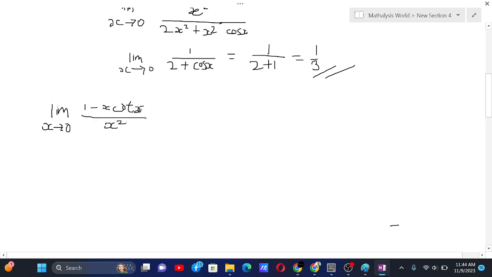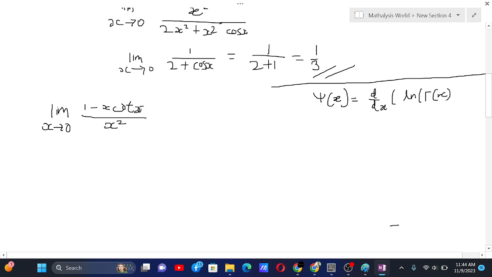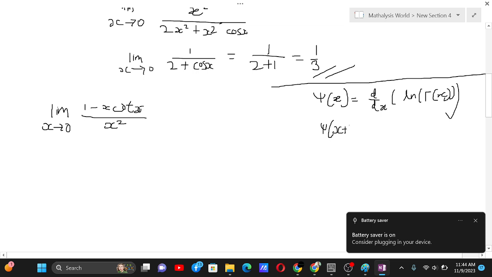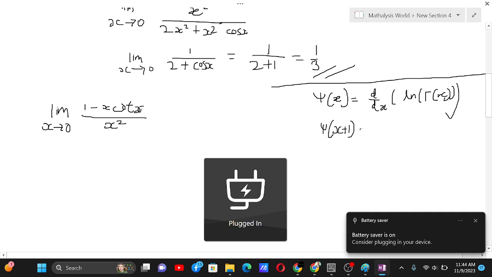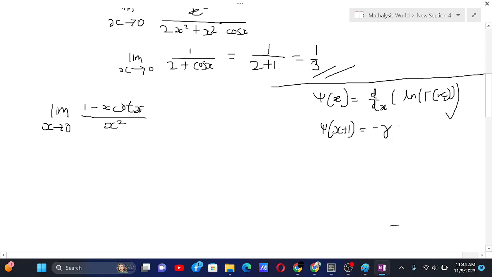Before going to the solution by the digamma function, let me give you some ideas about it. Basically, the digamma function is the derivative of the log of a gamma function, and we need to know some of its properties, such as digamma of x plus 1 is equal to negative of the Euler-Mascheroni constant plus H sub x.